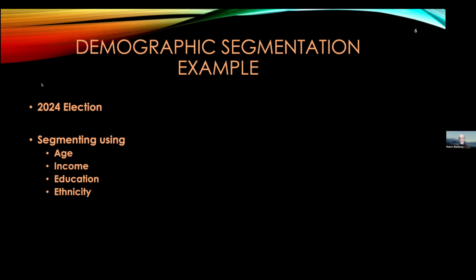That's a form of behavioral segmentation. What was your behavior? Then they're predicting that if you're a Democrat, you'll vote Democratic, and if you're a Republican, you'll vote Republican. What they care about is the group called independents or undecideds, and they have to figure out among undecideds where is their positioning and what's their opportunity. So as you're watching the election over the next month, think about how the parties are segmenting and what the impact is of their segmentation.